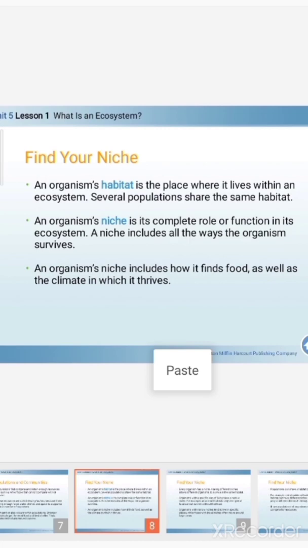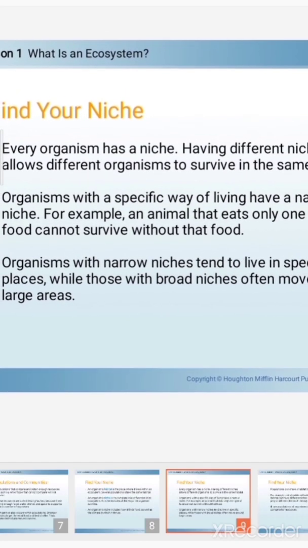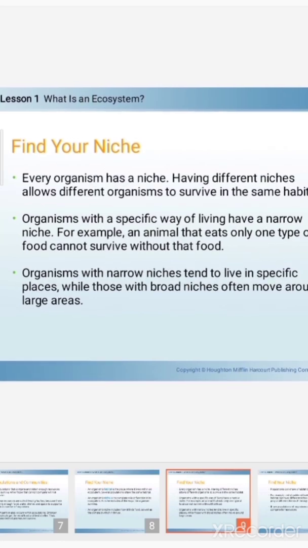Any organism in its life has a niche. Niche is your role in the environment. It's your work. For example, the niche of the tree is doing photosynthesis. Some organisms have a narrow niche and others have a wide niche. Organisms with a specific way of living have a narrow niche.